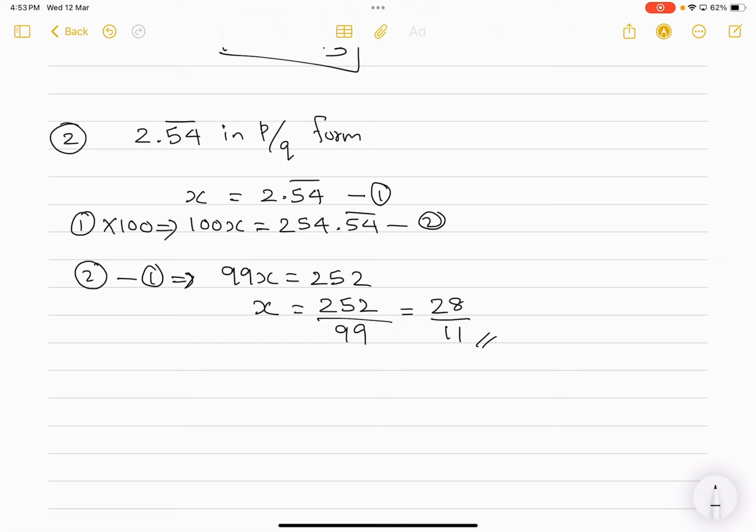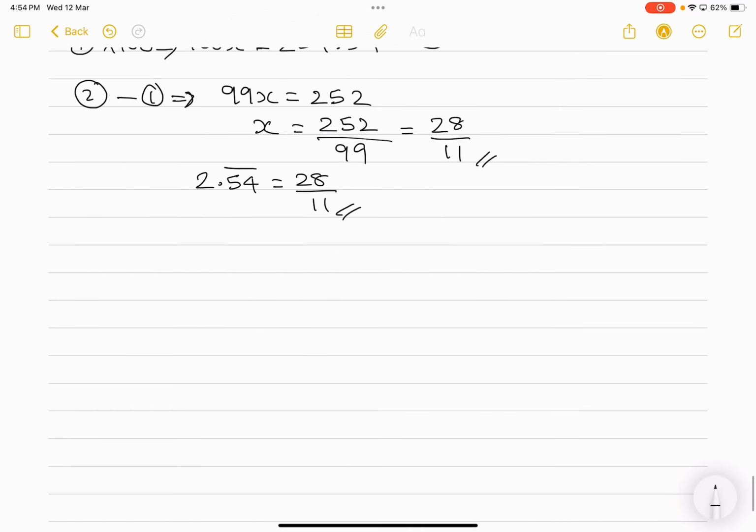So that is the P by Q form for 2.54 bar. So 2.54 bar is equal to 28 by 11. From this chapter, this is an important question coming for exam. Whatever you have learned so far is just theory knowledge, right? This is the real question from this topic. So another example.